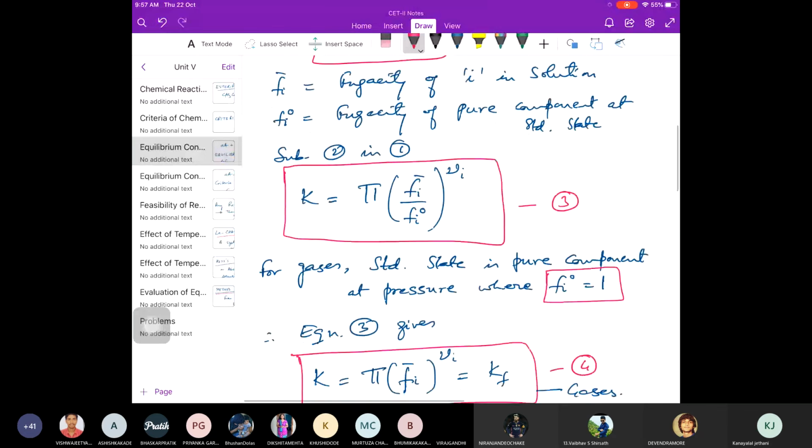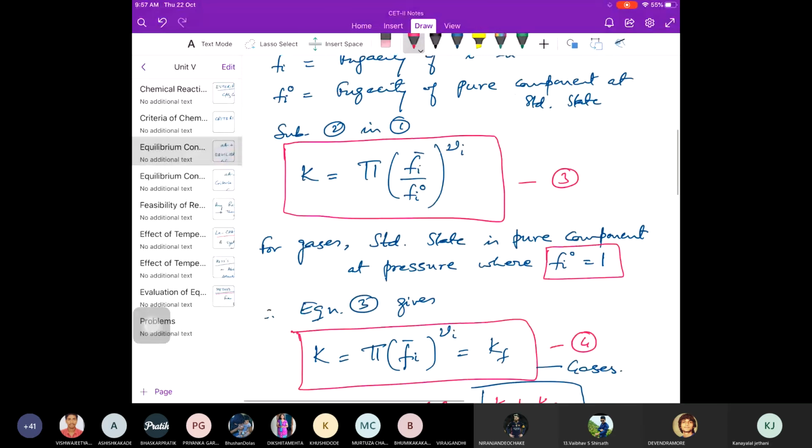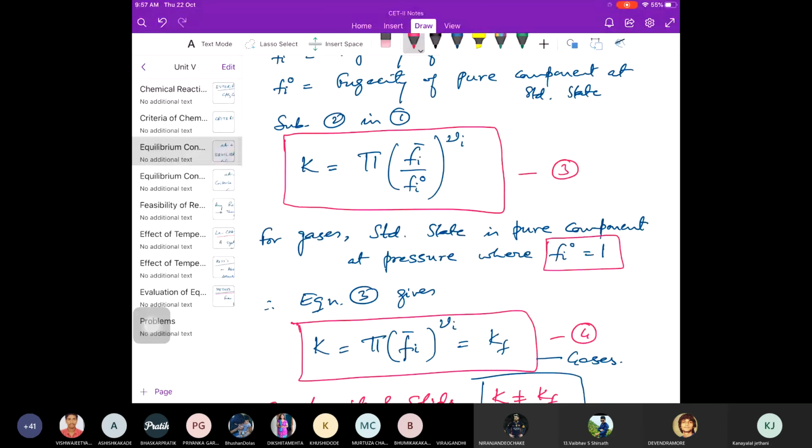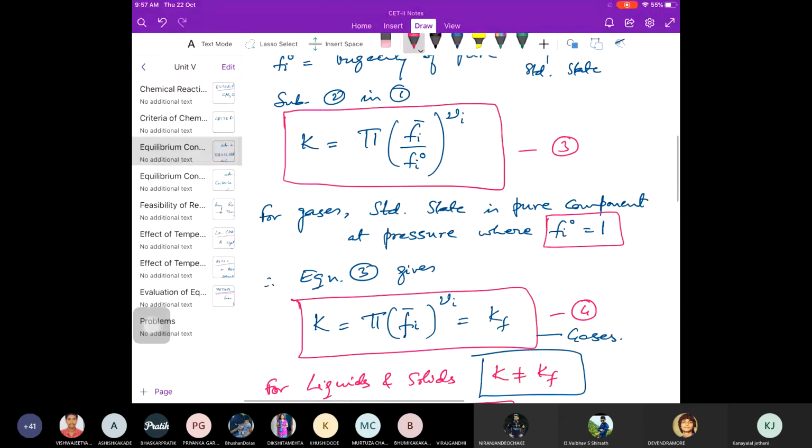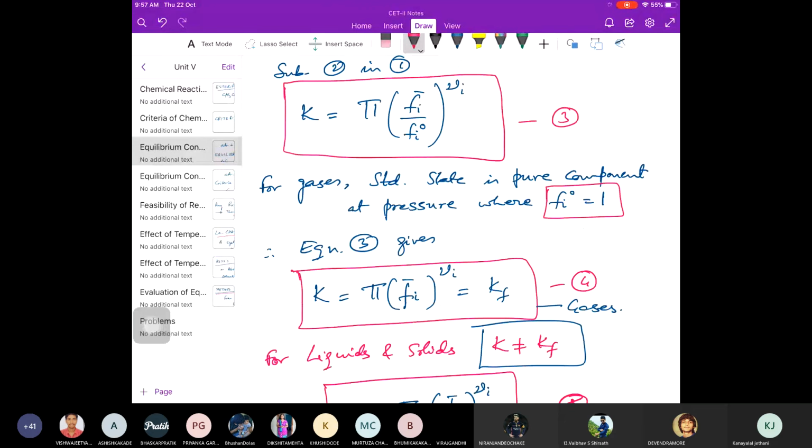equation 3. For gases, the standard state is pure component at low pressure, where f_i0 is equal to 1. So equation 3 gives K equal to pi of f_i bar raised to the power of nu_i, which is defined as Kf, that means K based on fugacity.